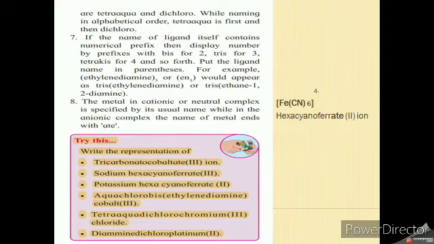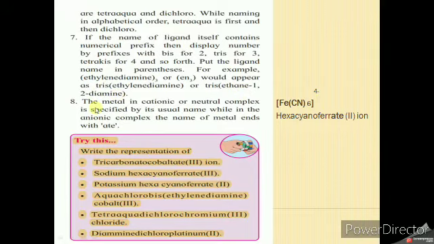For example, ethylenediamine is the ligand and it is 3 times. So it is shortly denoted by en3, and it would appear as, so 3 is there for that ligand, so the word tris is used. It is denoted by tris(ethylenediamine) and not tri, or it is also called tris(ethane-1,2-diamine).